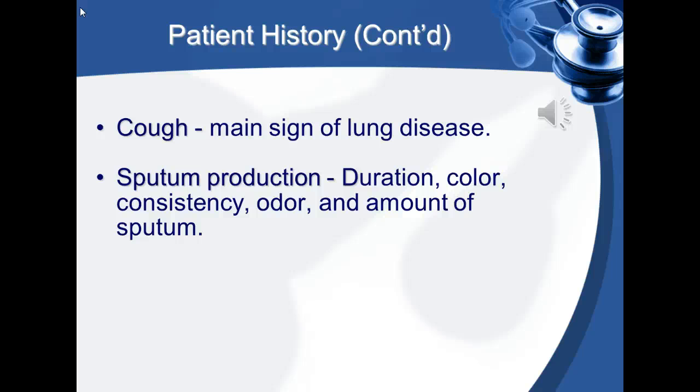When you look at a person's sputum production, you want to know whether the sputum is clear or white, tan, or gray. If an infection is present, people tend to have yellow or green sputum. Describe the consistency of the sputum: is it thin, thick, watery, or frothy?